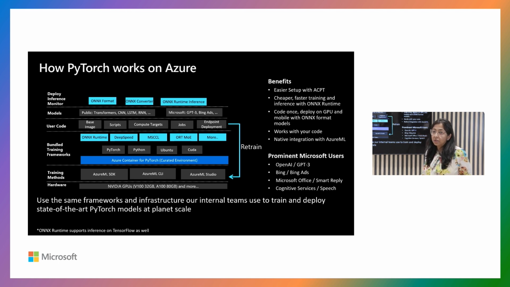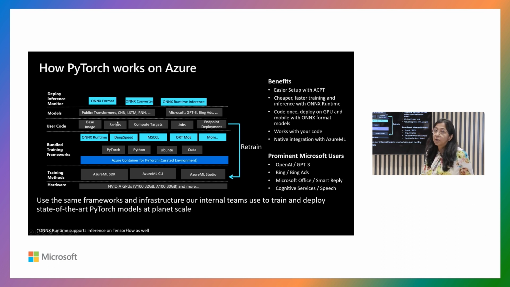But you can also run it on AMD GPUs like ROCm, etc. And then, as I mentioned earlier, it's available within the Azure ML SDK, Azure ML CLI, and Azure ML Studio, which comes with the Azure Container for PyTorch curated environment, easily integrated. So if you're using any of these, you can leverage the Azure Container for PyTorch, and that has all of the required setup for PyTorch, Python, Ubuntu, and CUDA, along with ONNX Runtime, DeepSpeed, MSCCL, etc.